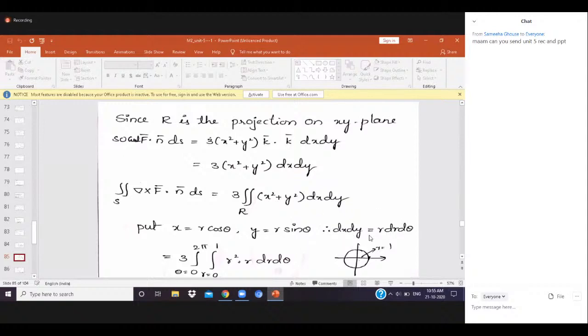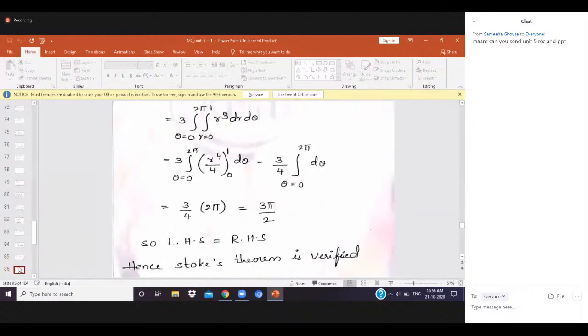This concept you have in Jacobian; using the Jacobian of parametric equations, we get the value as r dr d theta. Then integrating with theta varying from 0 to 2 pi and r varying from 0 to 1, because x square plus y square equals to 1, evaluating we get the value also as 3 pi by 2. Both RHS and LHS are equal. Then here Stokes theorem is verified.